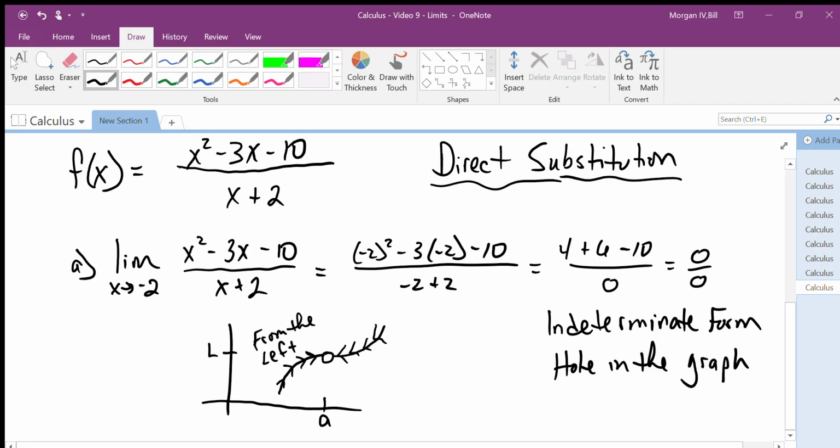And in both cases, from the left and the right, we can see that the function values are approaching L.